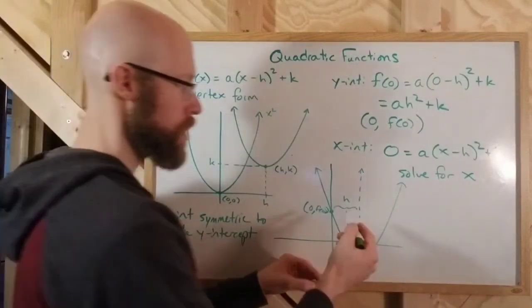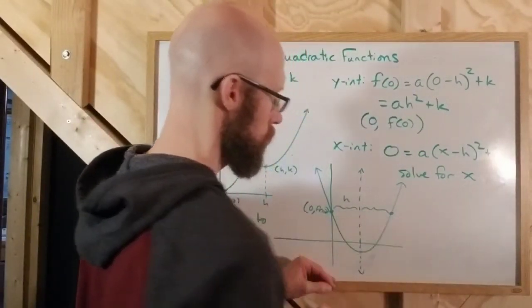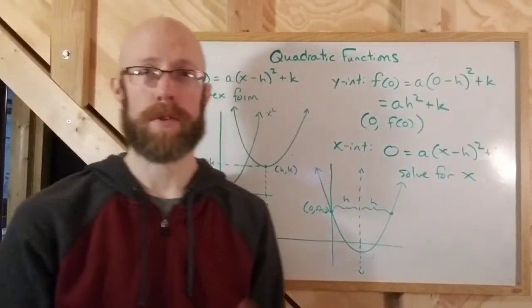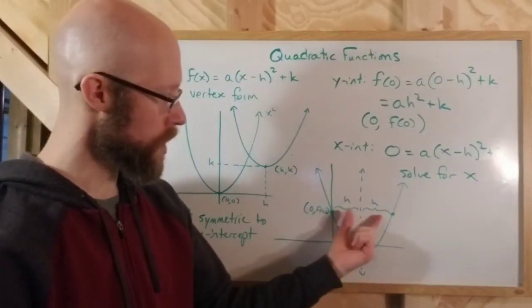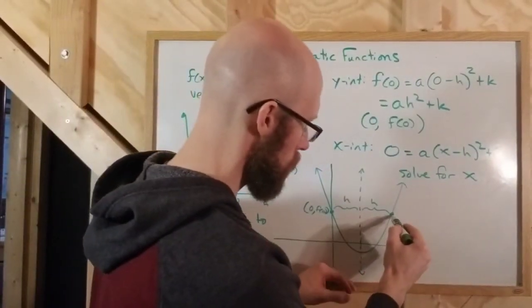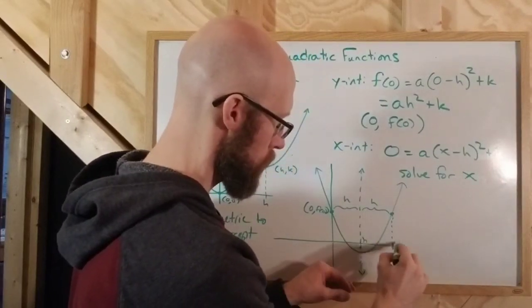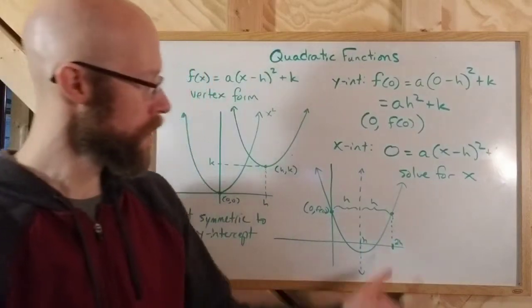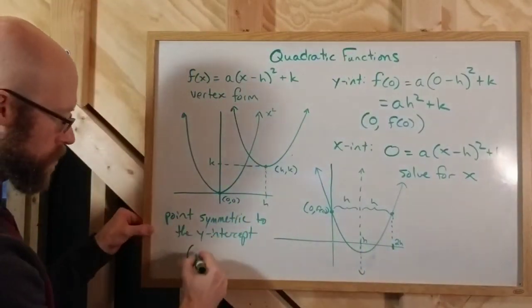Well, to be symmetric, you would have to go another h units over to get to the point that's symmetric, right? Symmetry means it's equal distance on either side. And so the x coordinate of that point wouldn't be h, it would be 2h, right? h plus h, it would be two of them. And so the x coordinate for the point symmetric is going to be 2h.